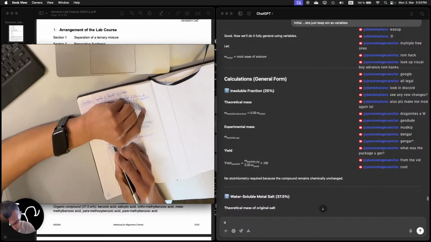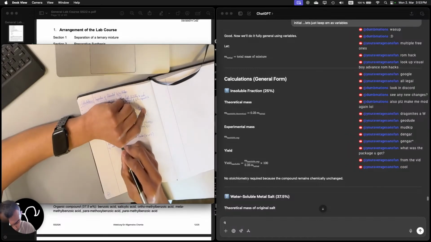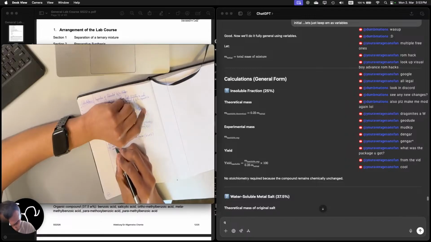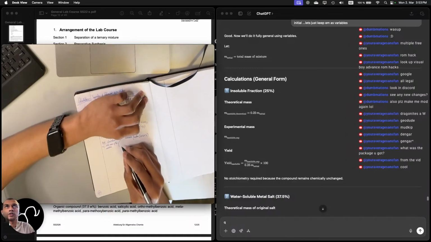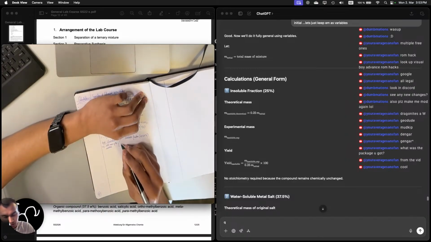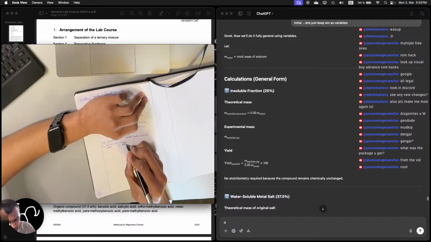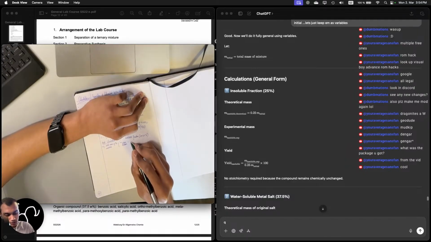Total mass of the mixture. Insoluble theoretical equals 0.25 times m initial.